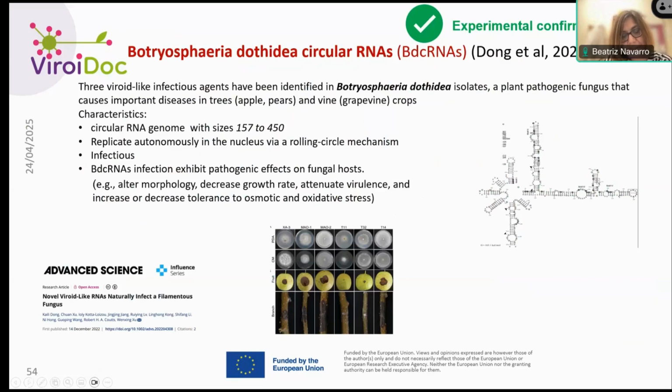They identified these circular RNAs with sizes from 157 to 450 nucleotides. They adopt a compact conformation, with branches that remind very much of the chloroplastic viroids, and replicate autonomously in the nucleus. They proved autonomous replication, probably via a rolling circle mechanism, and they proved that they are infectious.